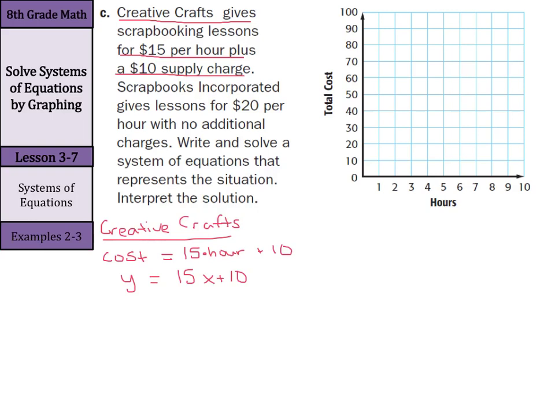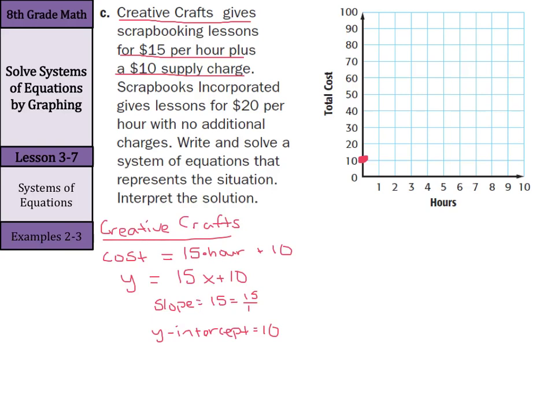We have a slope of 15, which is 15 over 1, and we have a y-intercept of 10. So we can draw our first point here for Creative Crafts at 10, since that's our y-intercept. And now we're going up 15 and over 1.